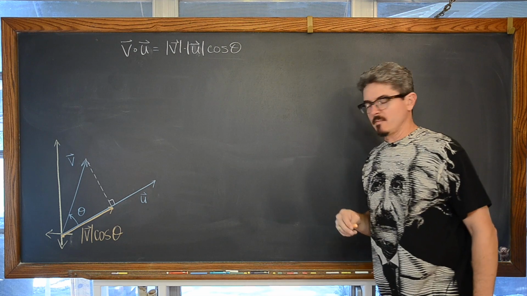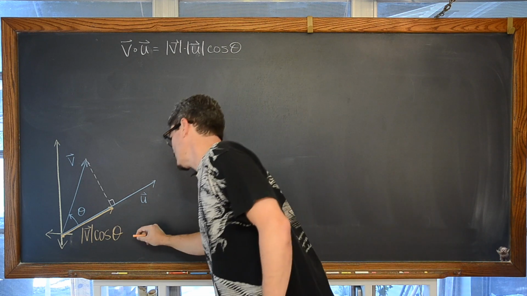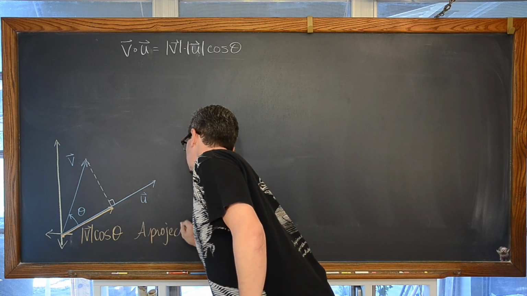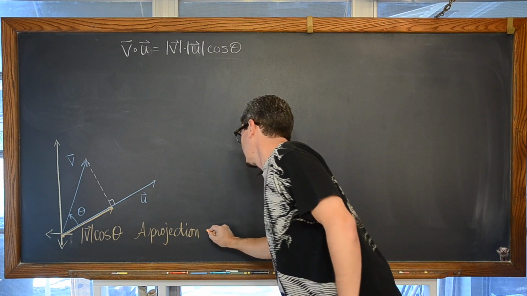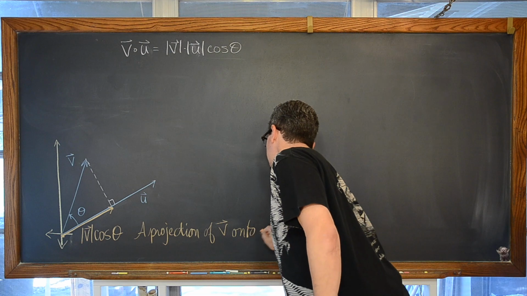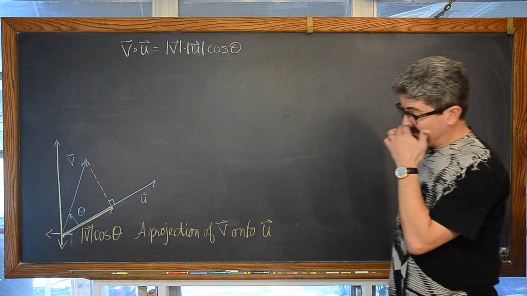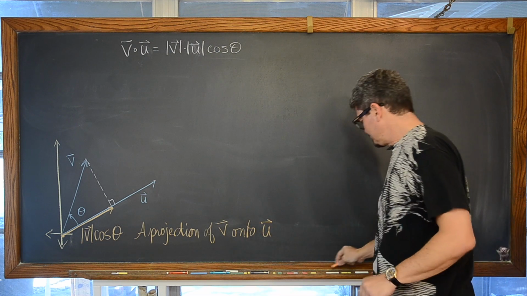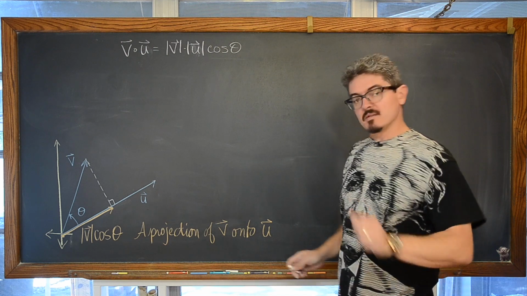Let me explain where that's coming from. It'll say that this is a projection of vector v onto vector u.